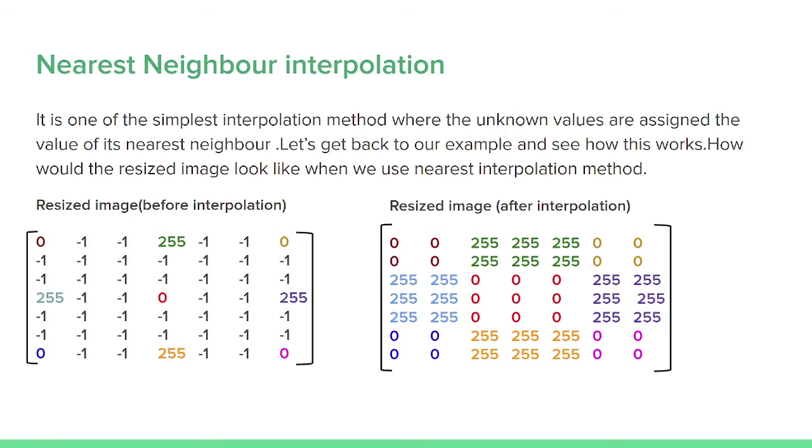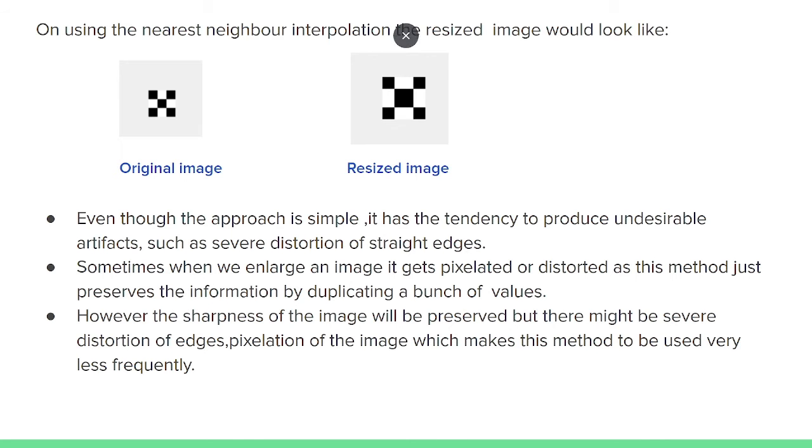Similarly, the whole image is interpolated using nearest neighbor, and you can check over here how the values are being allotted. This is how the resized image would look, the original image and the resized image. Nearest neighbor is very fast and simple to compute, but has major disadvantages: straight edges will be distorted severely and the image will be pixelated.